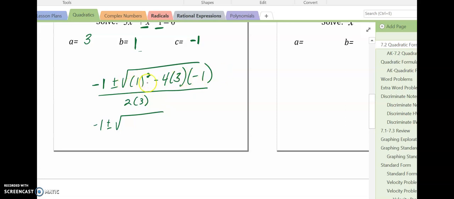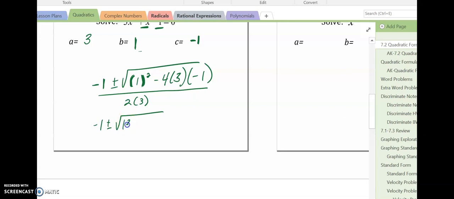Guys, if you have a calculator handy, type this all in, making sure whether this is positive or negative, you put it in parentheses or ignore the negative, because if you don't put a negative in parentheses, you will not get the right answer. So this is going to be 1 minus 4 times 3 times -1.